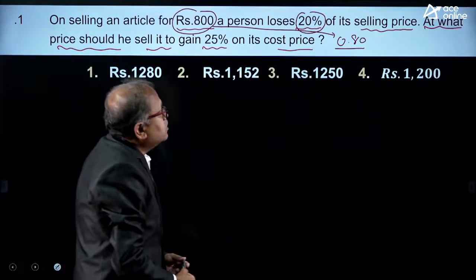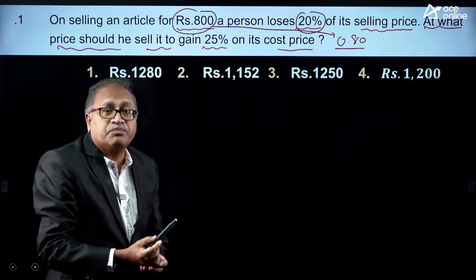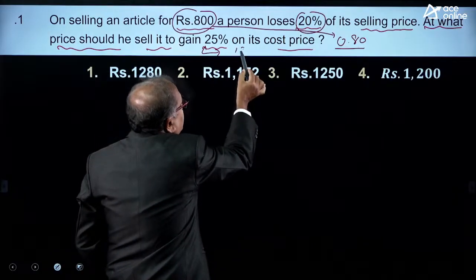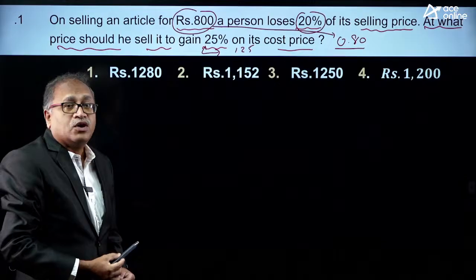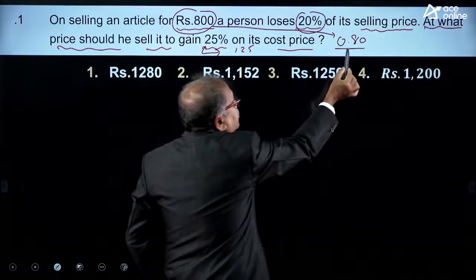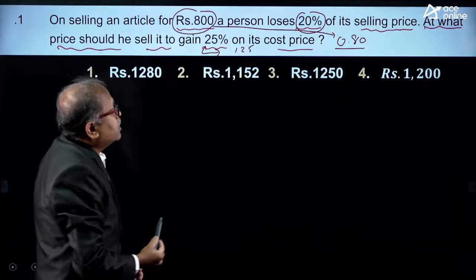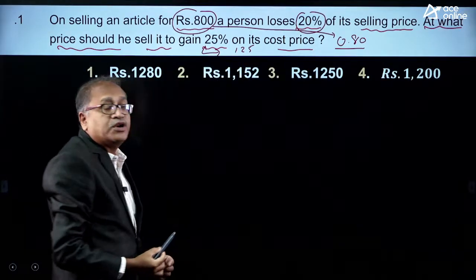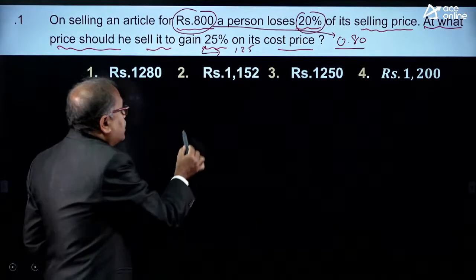Okay. What is needed is, I need to sell it at 25% profit. That means I need to sell it at 100 plus 25, 125%. I already know that 80% is given to us, and what I need to find out is 125%. So in one stroke you can answer this question in one line.